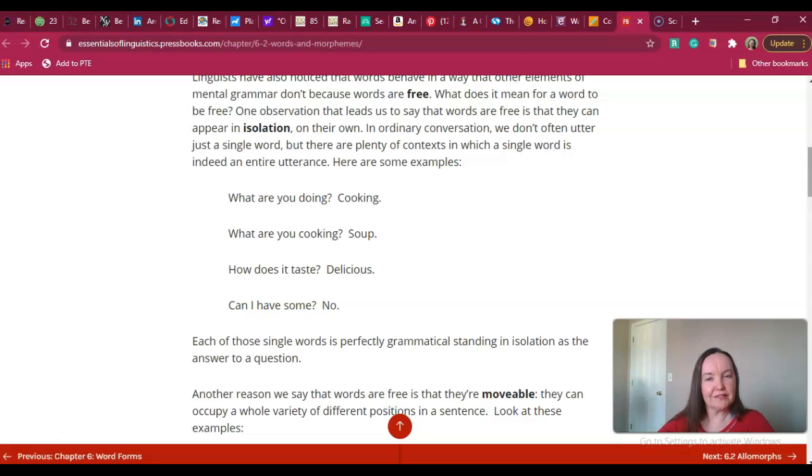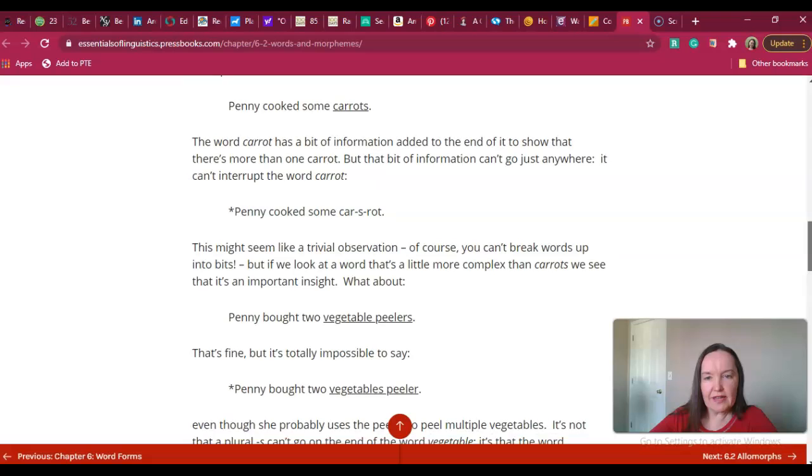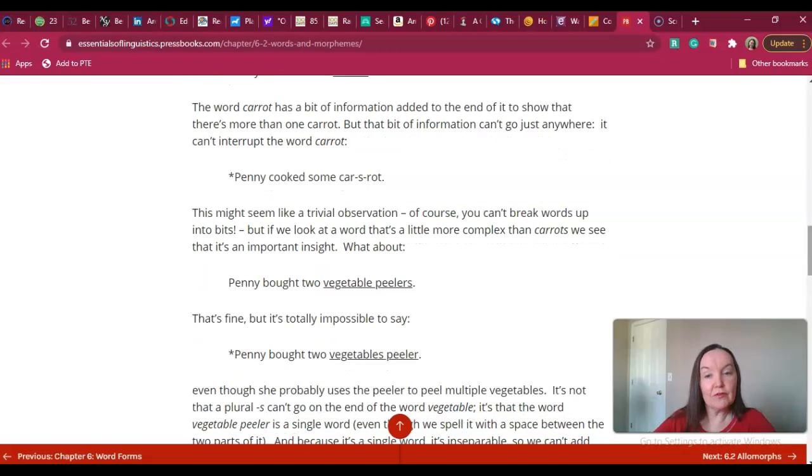The ing can't exist by itself. If you asked, what did you do yesterday? You can't just say ed, it wouldn't make any sense, right? So the ed has to be attached to a verb for it to have meaning. So now we're getting the idea of what a bound morpheme is, right? It's a piece of a word that has meaning, but it can't exist by itself.